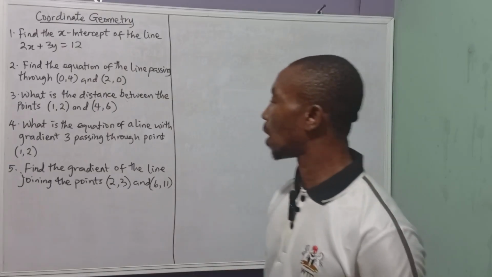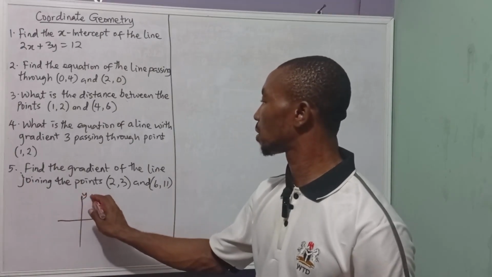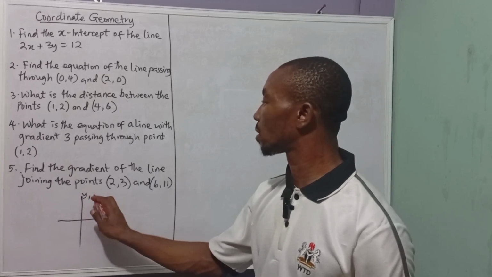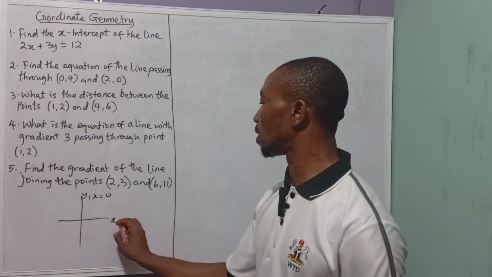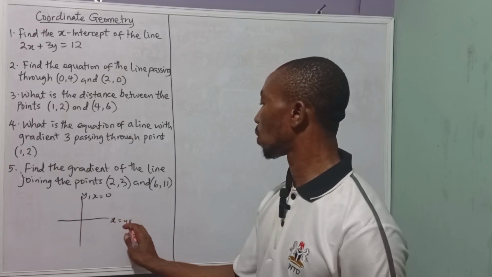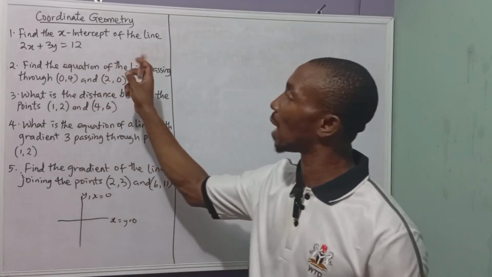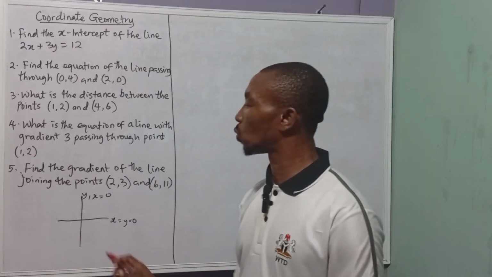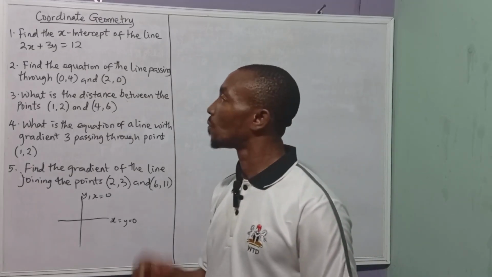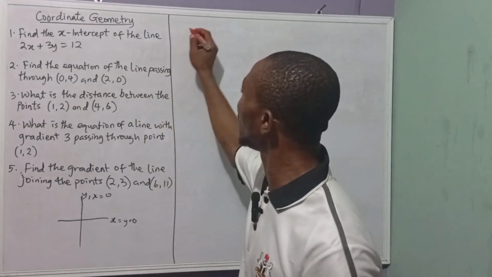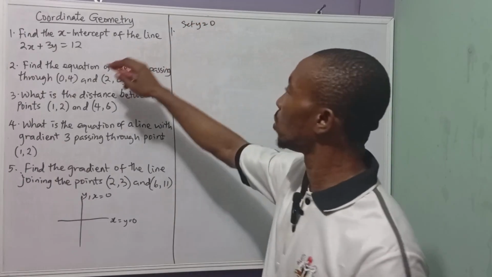Now, in our Cartesian plane, on the y-axis, x equals 0, and on the x-axis, y equals 0. So since we are looking for the x-intercept of the line, that means where it intersects our x-axis. That means we set y equals 0.